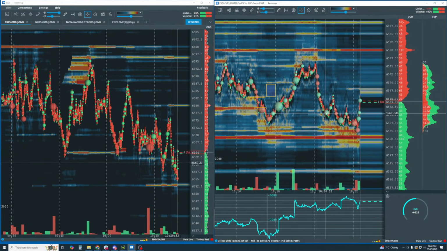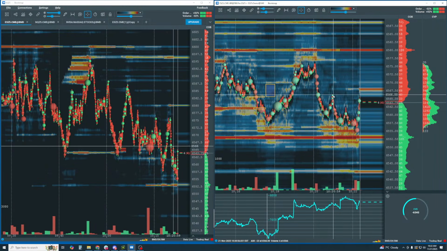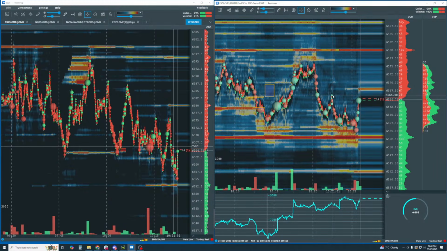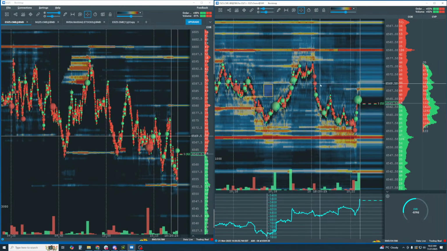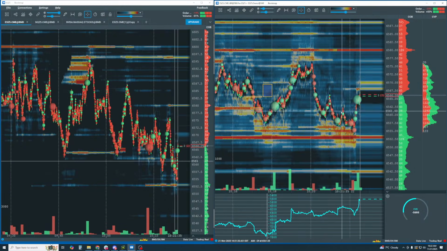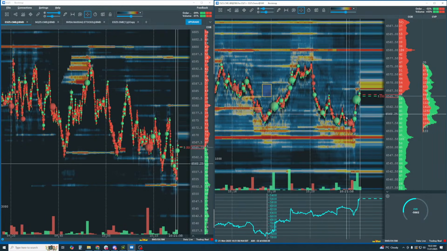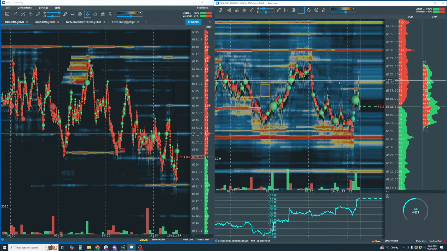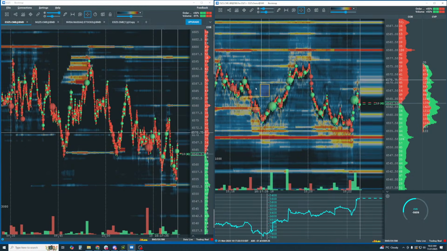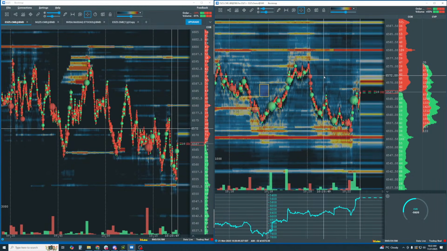I'm seeing buyers in here. I want to see strong selling. I want to see very low volume on the pullback by buyers, and I'm looking for sellers to come in again and take it back down. Okay, so we would avoid those as a setup in here. It does not meet the criteria for the setup. Okay, and we're still within a range.